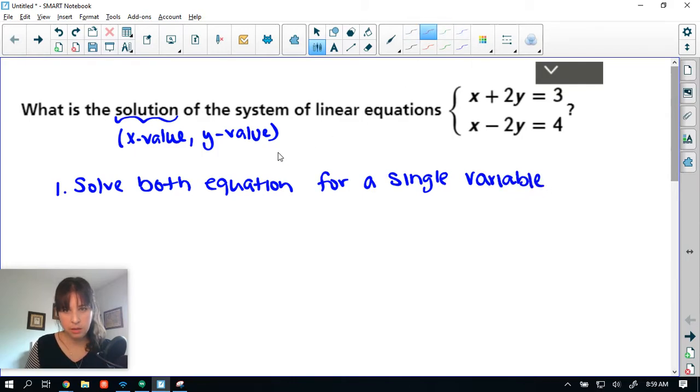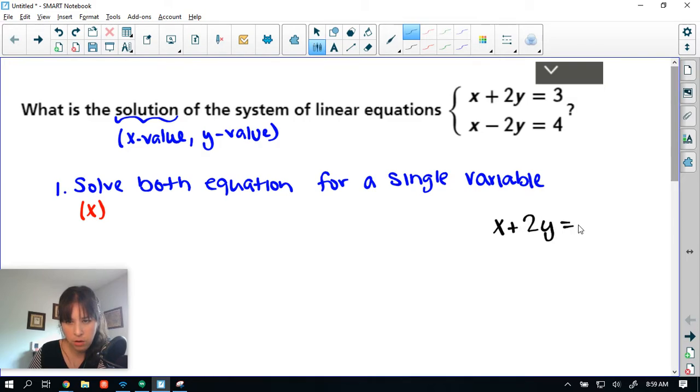In this case, I'm going to pick the variable x. Typically, you would solve for y, but if I solve for y, in this case, I'm just going to do it here in the corner, we would be left with fractions. I'm subtracting x from both sides. So we get 2y equals 3 minus x.